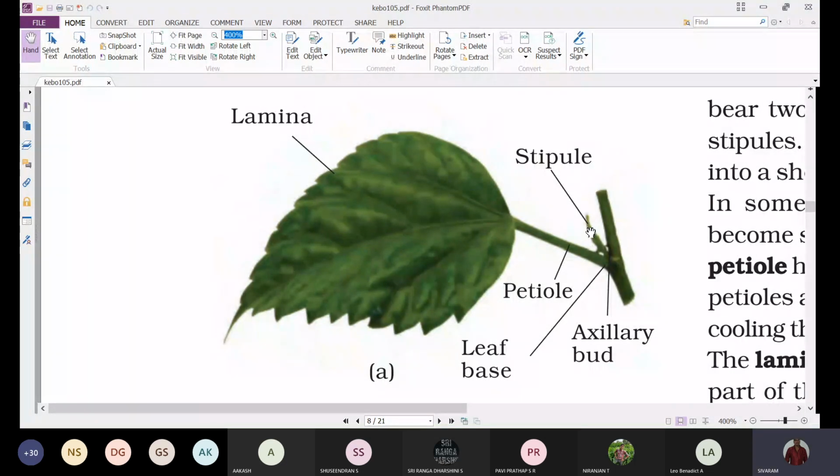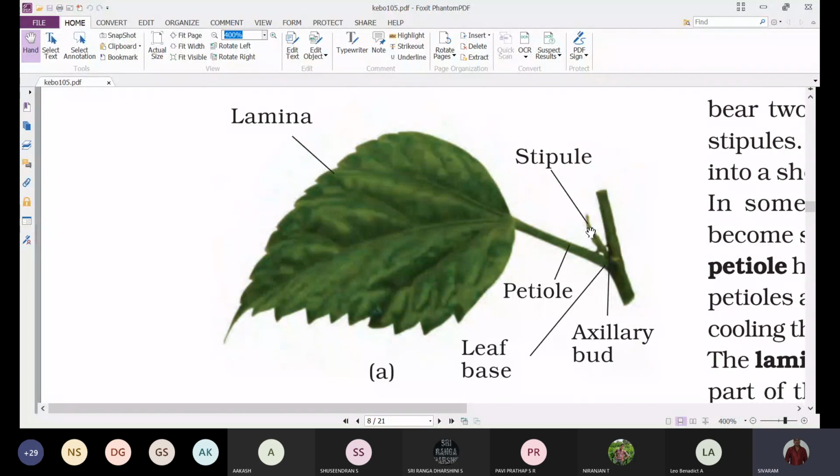The edges of the leaf, we call the margin. The margin of the leaf may be smooth or irregular, and the tip of the lamina may be round or pointed. The large vein present at the center of the leaf, we call the midrib.